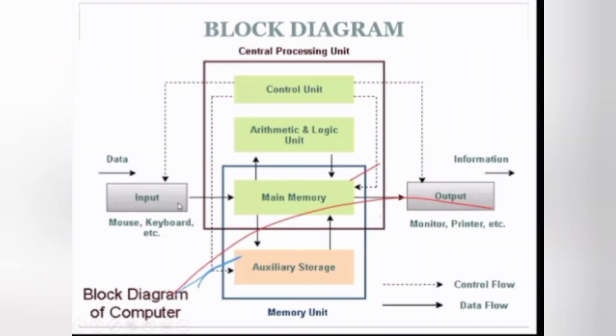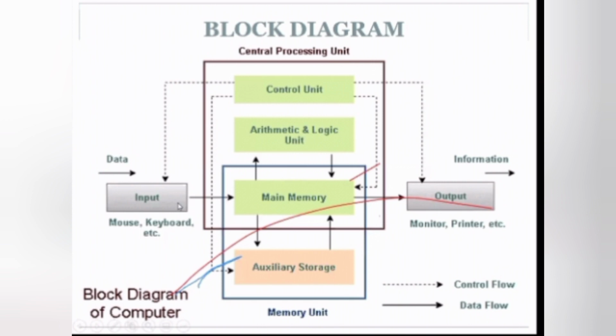So basically the block diagram is a rough sketch of a computer, showing how a computer looks and what its process is exactly. First, at the top we can see the central processing unit. The central processing unit will control the control unit, the arithmetic and logic unit, and the main memory. It controls every action and instruction we have given, converts it into auxiliary storage, keeps it aside, and gives the output from that input.